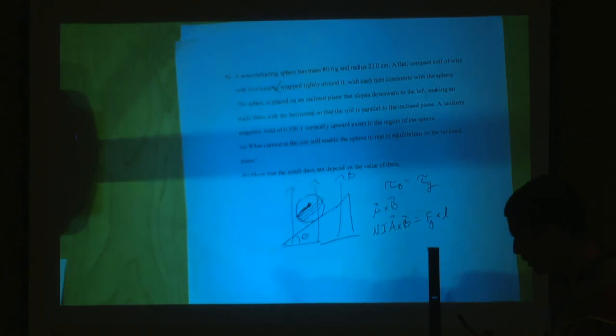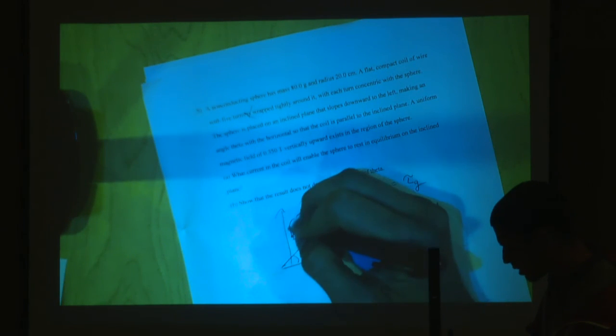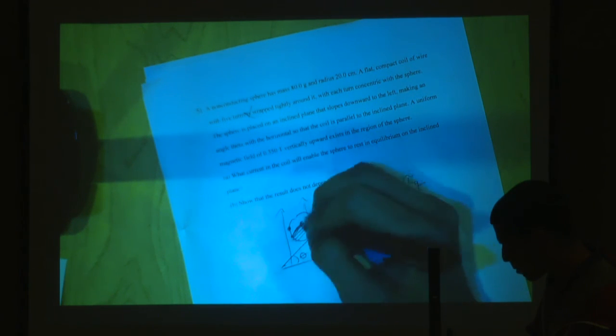So here we want to find gravity that's perpendicular to our lever arm, okay? And actually, if you think about it, gravity is already perpendicular to the lever arm because we'll have some radius going here.